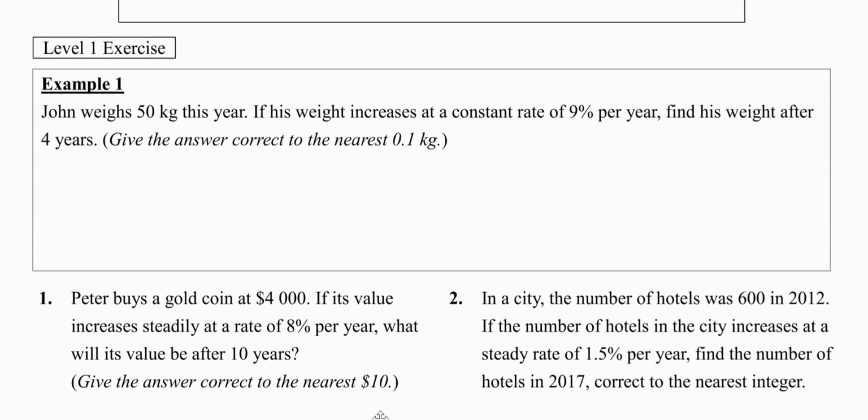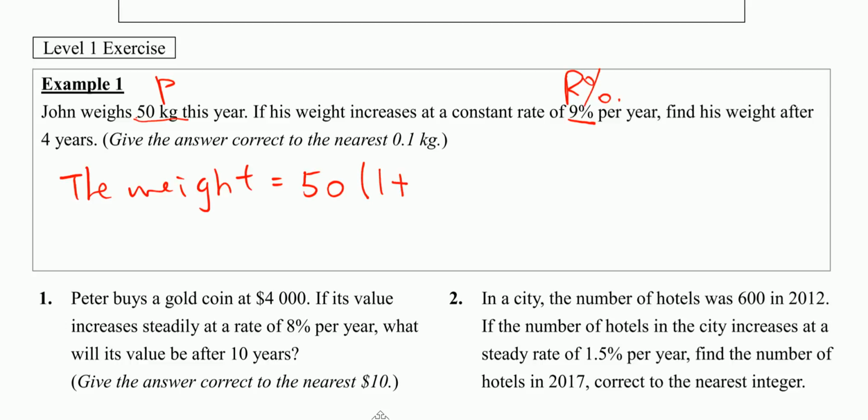For the first example, we want to find the weight of John after 4 years. You can see the original value, which is P here, and the constant rate, which is R percent here. We can just put in the formula, the original value times 1 plus, since this time the rate is increased, so we use the plus instead of the minus.